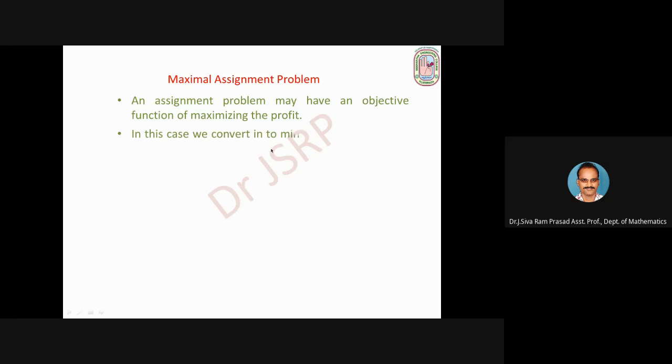In this case, we convert into a minimization problem by subtracting the entire matrix from its largest element. What is the meaning of subtracting the entire matrix from its largest element?